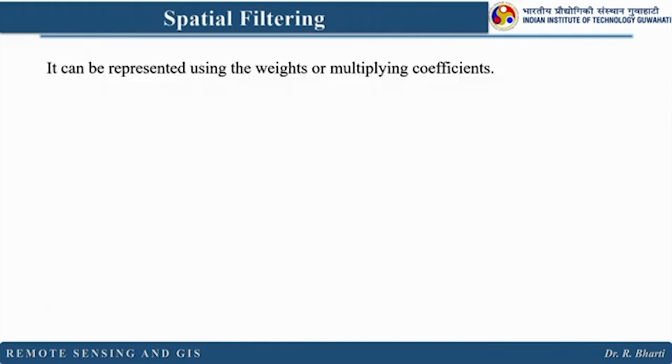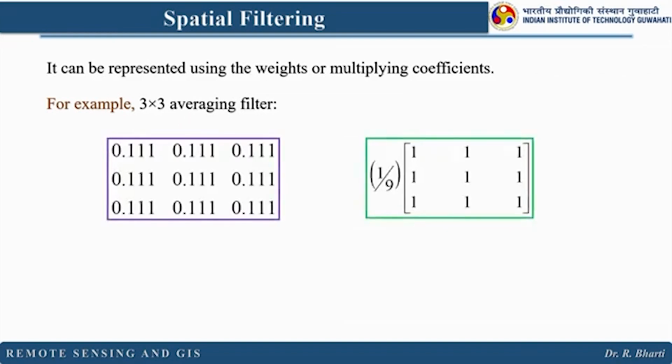A spatial filter can be represented using weights or multiplying coefficients. So here we have to apply some logic, and we need to understand how we will apply it. For example, for a 3 by 3 averaging filter, we can use this kernel, which is also known as weights or multiplying coefficients.